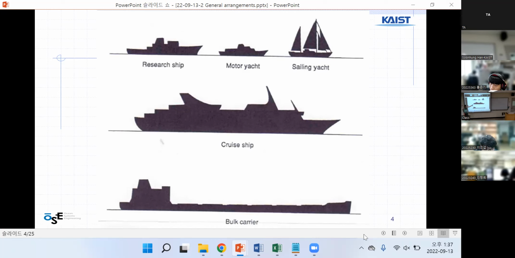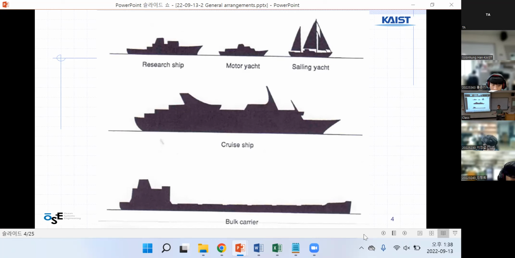You see that the profile is very shallow here, right? But under the water is bigger there. The underwater profile is not drawn here, but for the cruise ship it is very shallow because the cargo itself is not heavy.